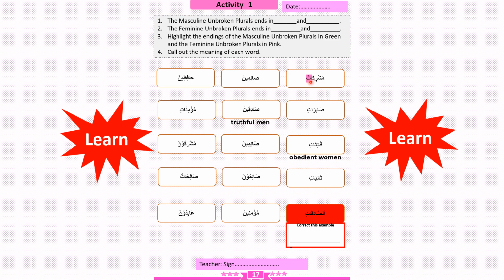You highlight just the endings, the atun, atin, una, and ina endings only, and then call out the meaning of each word, what you should know when you have learned it under page 16, and then also correct this particular example in red. You could give the correct answer, and if you want to, you can also state why it is incorrect, if so.